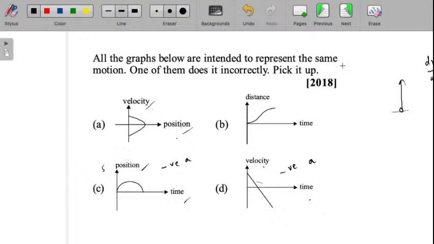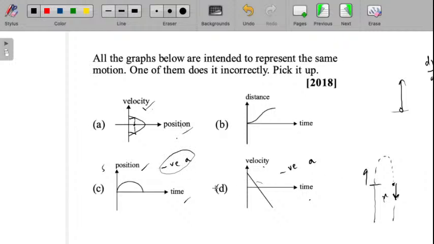Because we know that for one-dimensional motion, for every given displacement, you would have two velocities. Once the velocity is upwards for the object going up, and again when the object returns back, for the same displacement you would have the second velocity downwards. So for a given displacement, you will have two velocities. One is positive and the other is negative. So this is a correct graph for the case where the acceleration is negative and the velocity is positive.